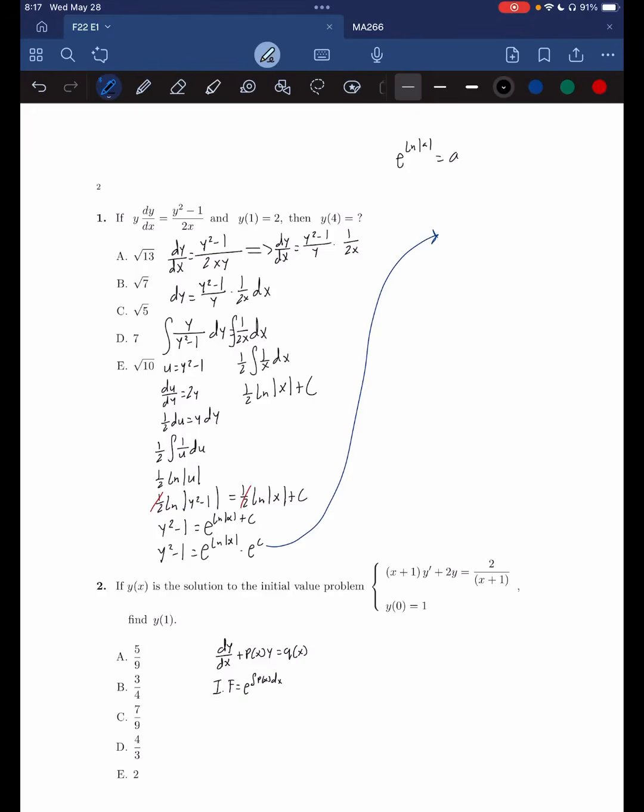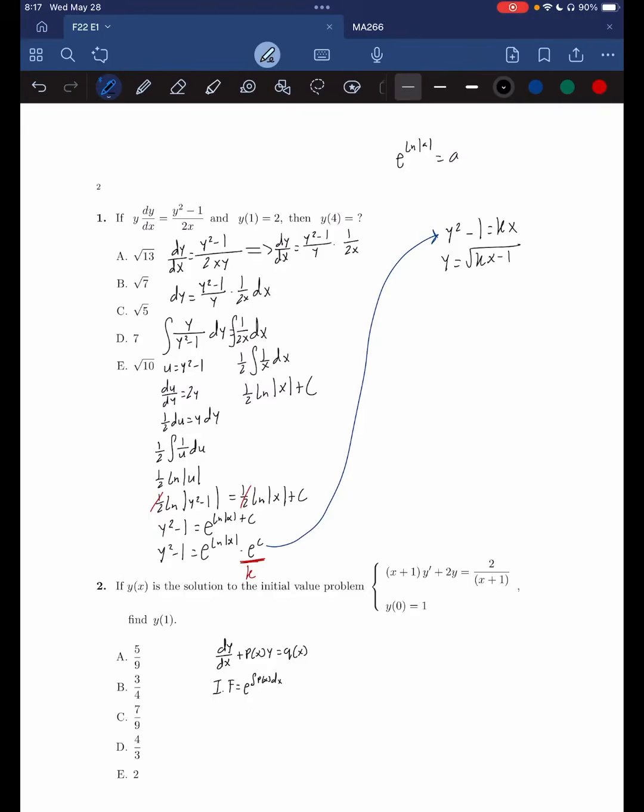That just gives you another constant. What do you have? You have y squared minus 1. e to the ln x is just going to be x. And I'm going to call this new constant k. So you can effectively say this is kx. y is equal to the square root of kx plus 1.